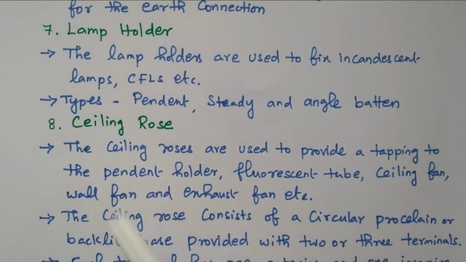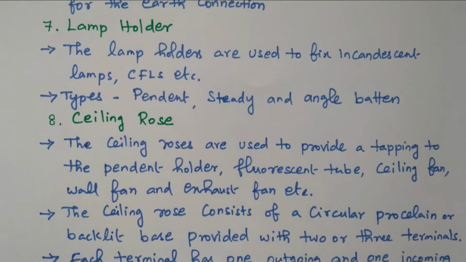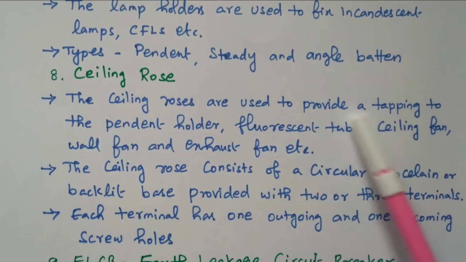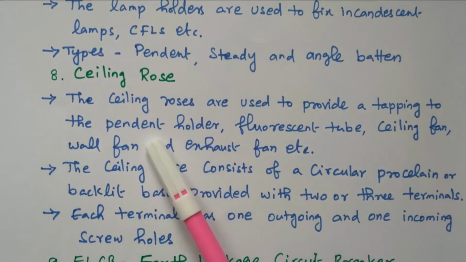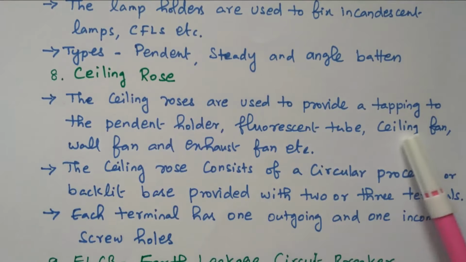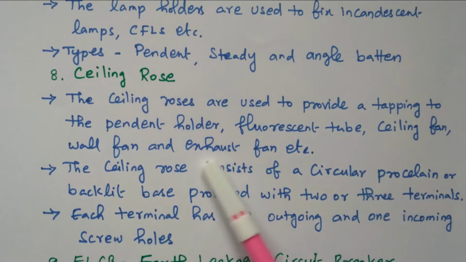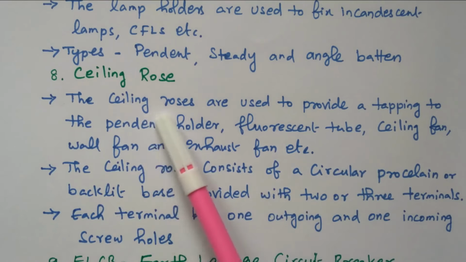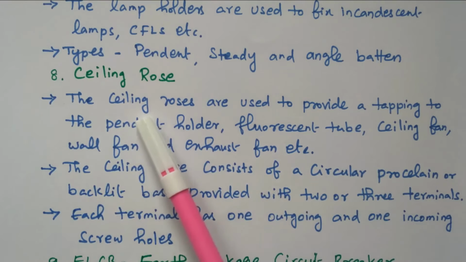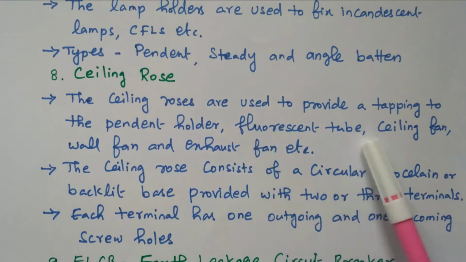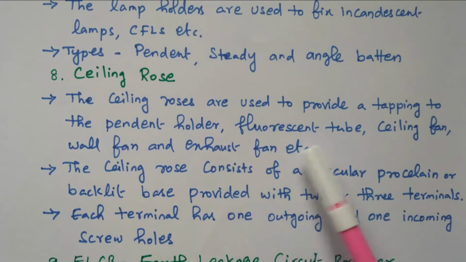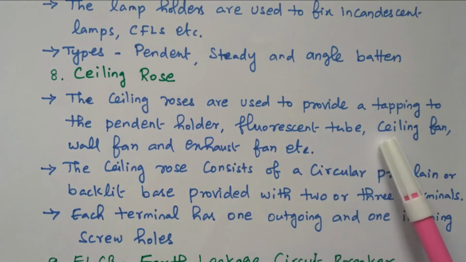Then ceiling rose. The next one is the ceiling rose. The ceiling rose is used to provide a tapping to the pendant holder, fluorescent lamp or ceiling fan, wall fan or exhaust fan. So it is as the name itself suggests. Ceiling rose means it is connected in the ceiling in order to provide the supply to these various equipments, either a pendant holder or fluorescent tube or fan.